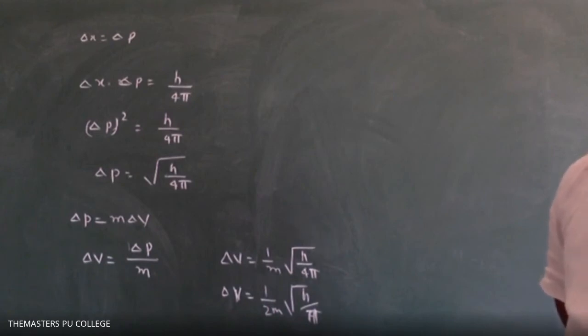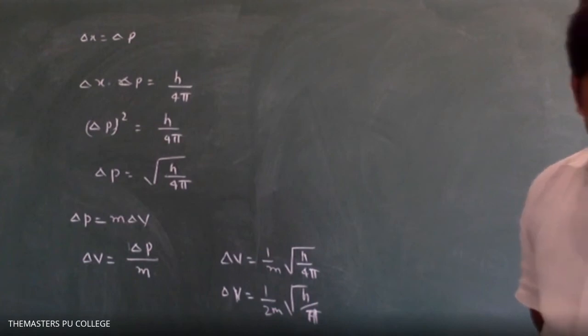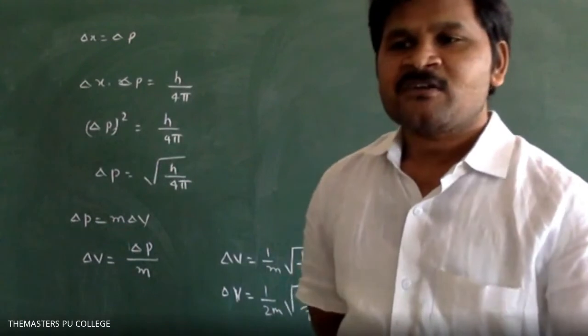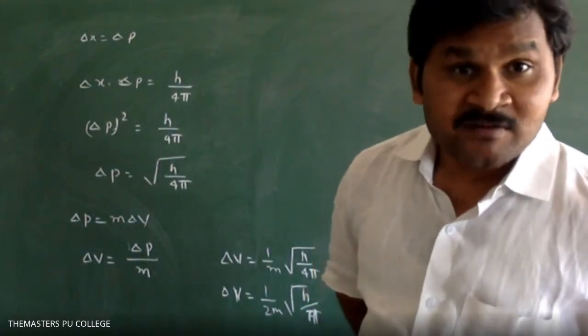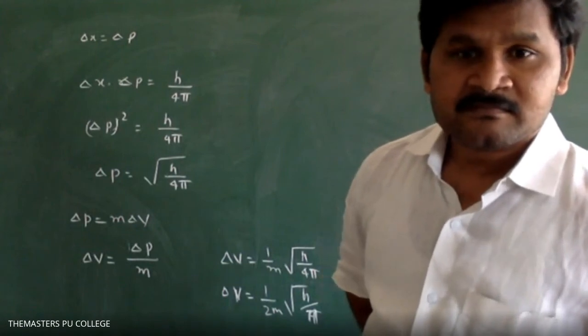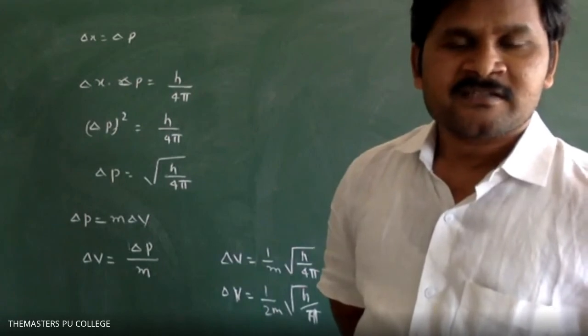In the plots of the radial distribution function for the hydrogen 3s orbital versus r, what is the number of peaks? What is the formula I told for the number of peaks? Number of peaks is equal to n minus l. Here n is 3 and l is 0.